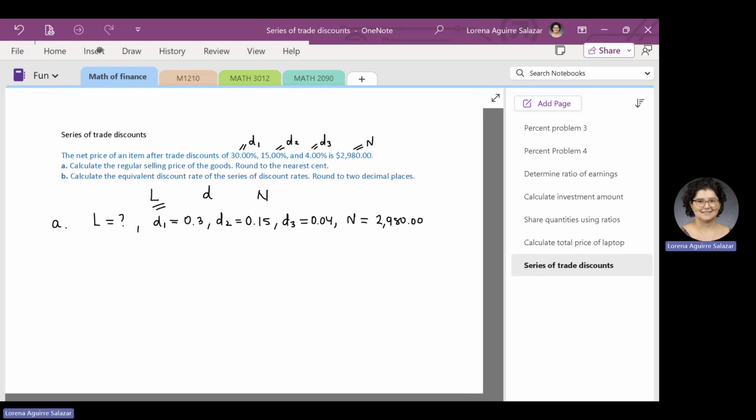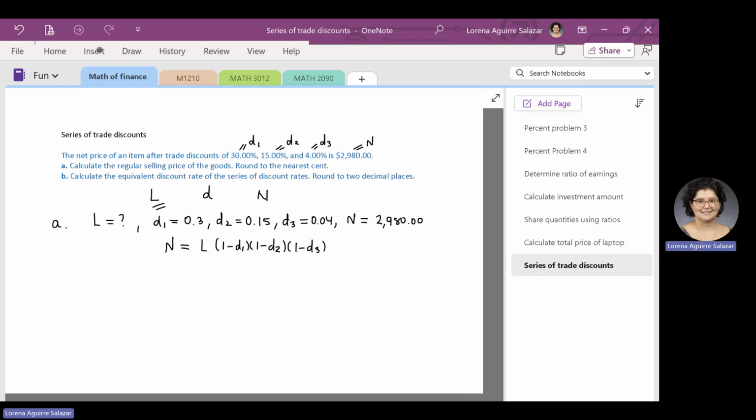Fortunately, there is a formula that relates L, D1, D2, D3, and N. And that formula tells us that the net price of an item after trade discounts D1, D2, and D3 is given by L times (1 minus D1), times (1 minus D2), times (1 minus D3).